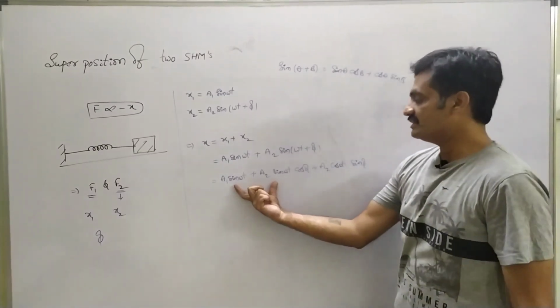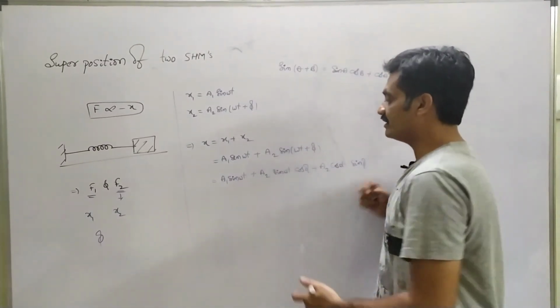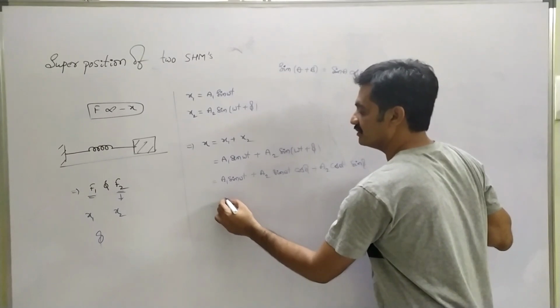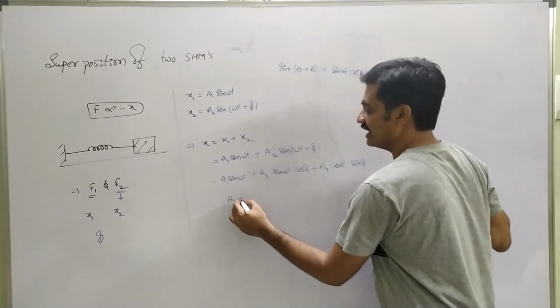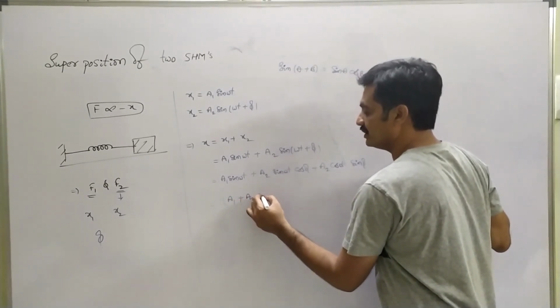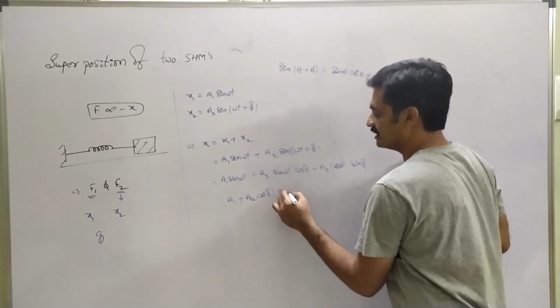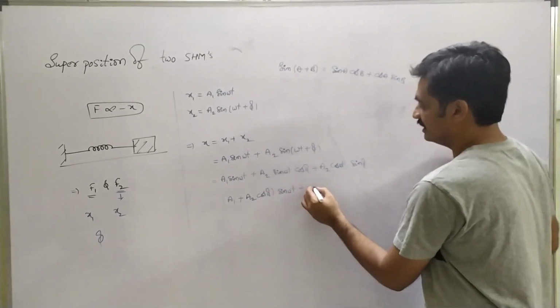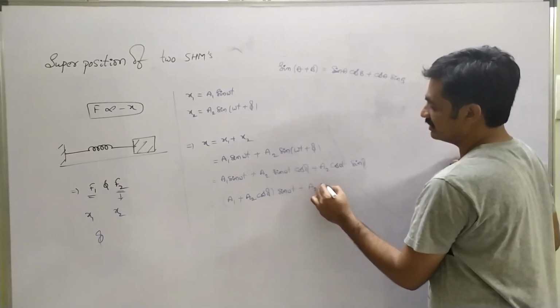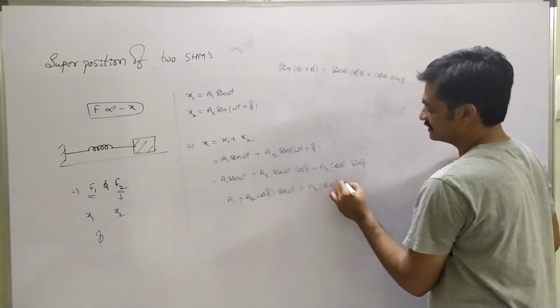Observe these equations. Here we can take sin omega t as common. As we take sin omega t as common, we have (a1 plus a2 cos pi) sin omega t plus a2 cos omega t sin pi.